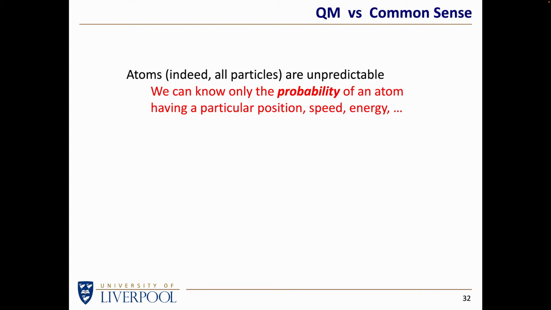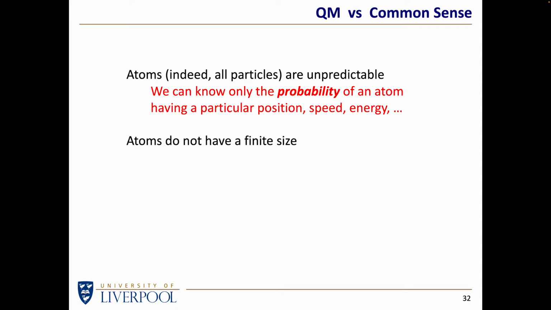We cannot ever say this object is quite definitely at this position moving with this speed. The only thing we can say is, if we were to measure it, then the probability of getting this answer is this, and the probability of getting that answer is that. We can calculate the probabilities of getting answers to any problem we want to set, but we cannot know anything with certainty.